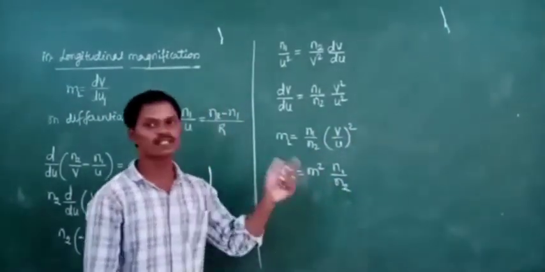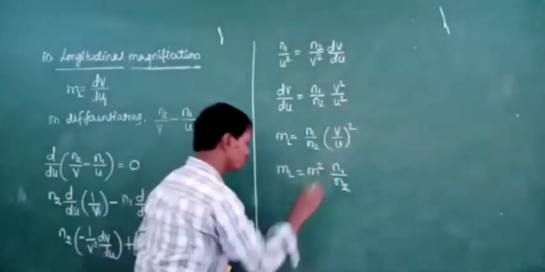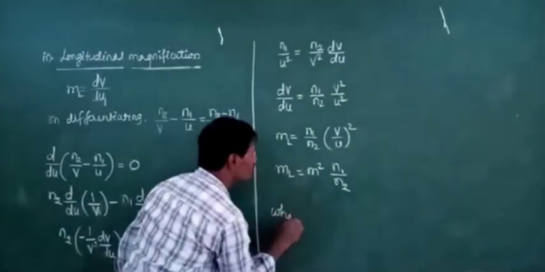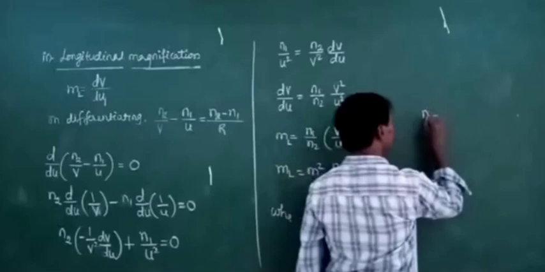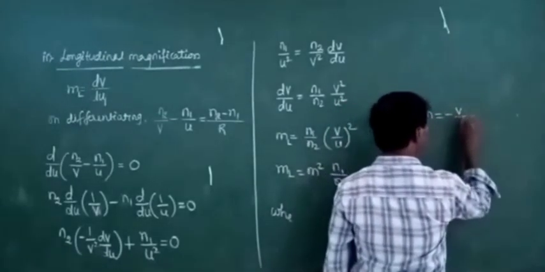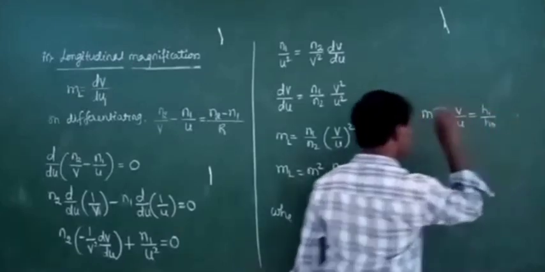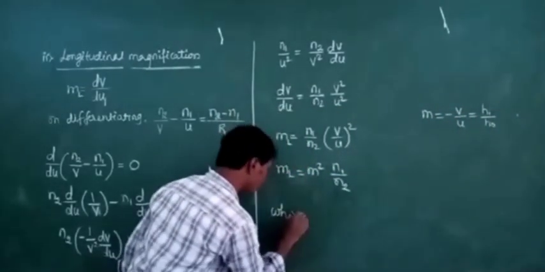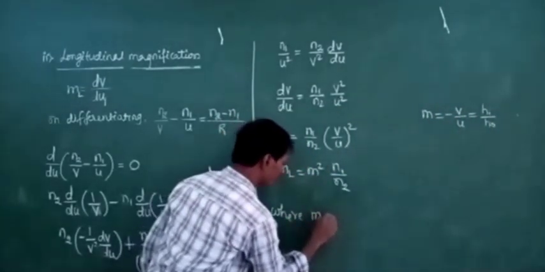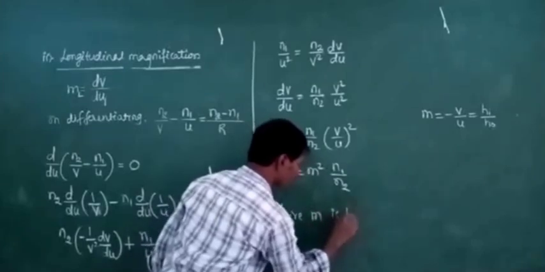But here m is the transverse magnification, because we know that m is equal to minus of v by u is equal to hi by ho. It is nothing but the transverse magnification.